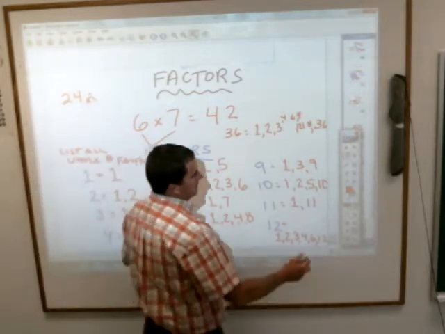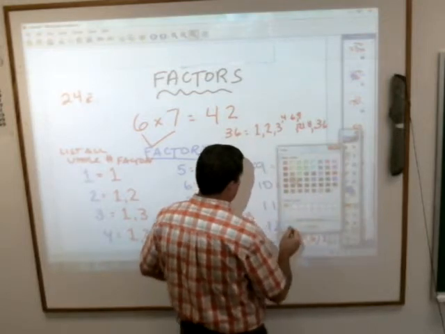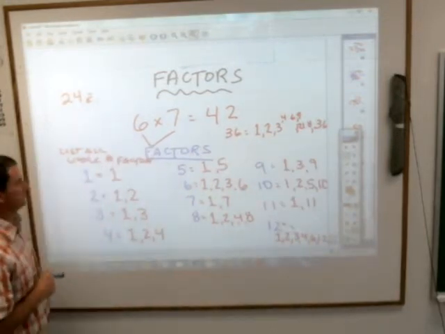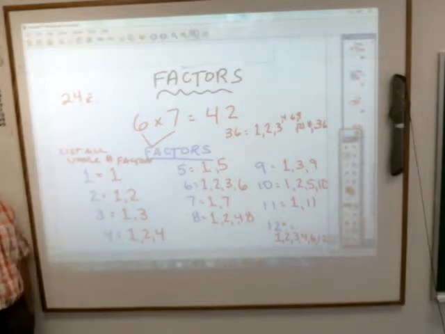Or not. I can guarantee you, because if you get one factor, you certainly should know that something times that. When I read the answer, I'm going to read them from lowest to greatest. I'm going to go 1, 2, 3, 4, whatever it is. So when you give them to me, I want you to give them to me in their pairs.